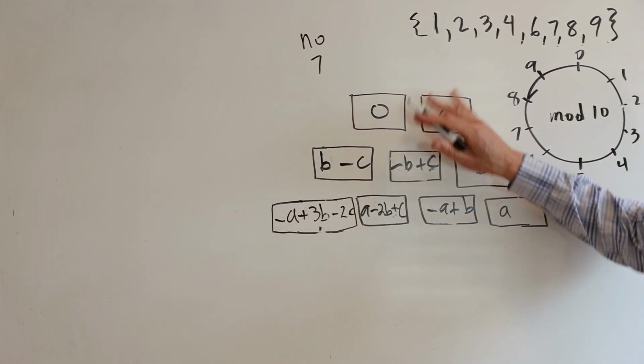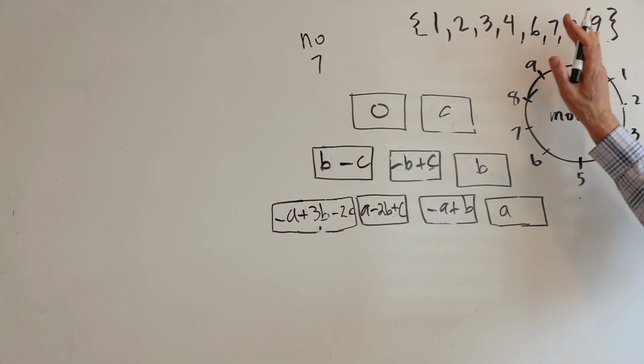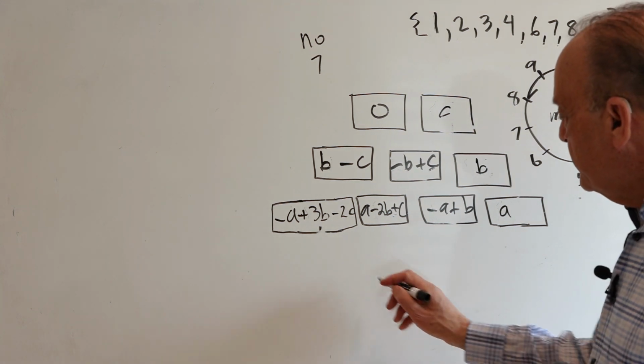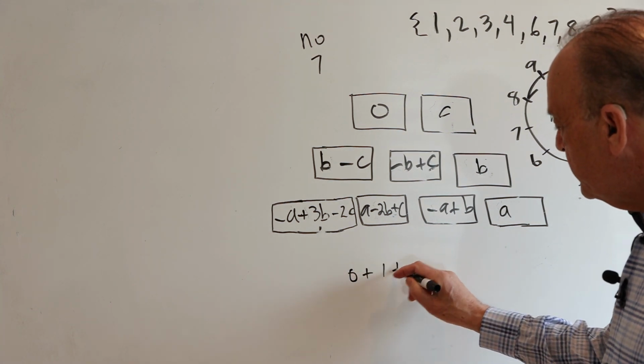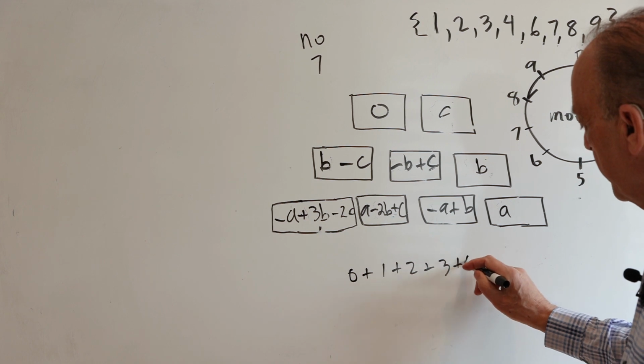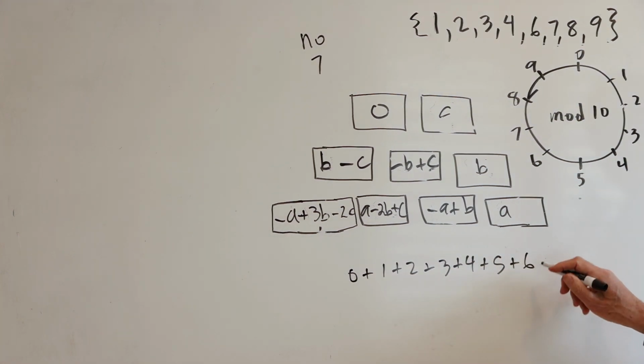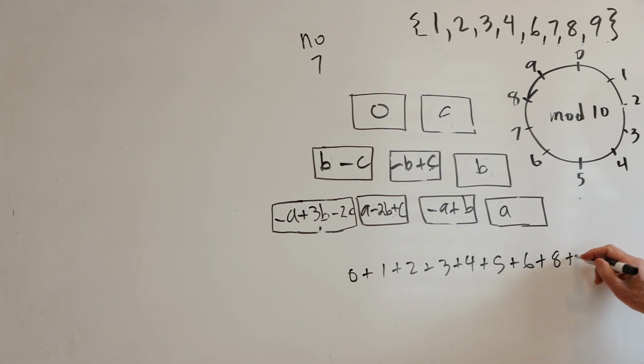So now, what's going to happen if I add all this together? Well, if I add all this together, I'm going to get all these numbers: 0 plus 1 plus 2 plus 3 plus 4 plus 5 plus 6. Now, I'm not going to have a 7, but I'll have an 8 and a 9. Well, all the numbers 0 through 9 add up to 45.